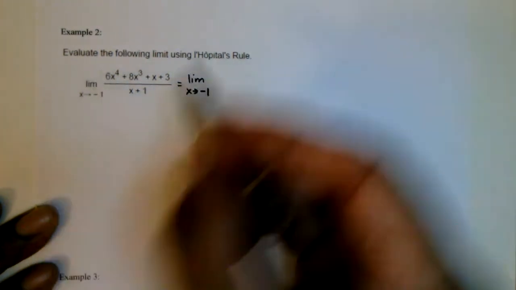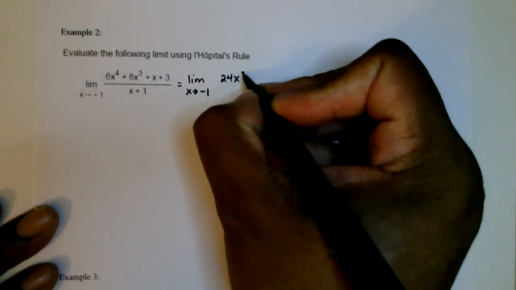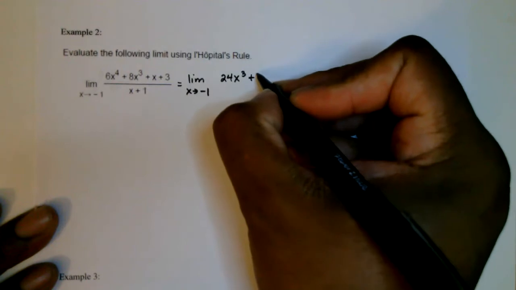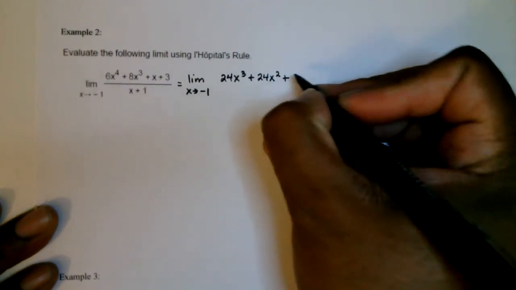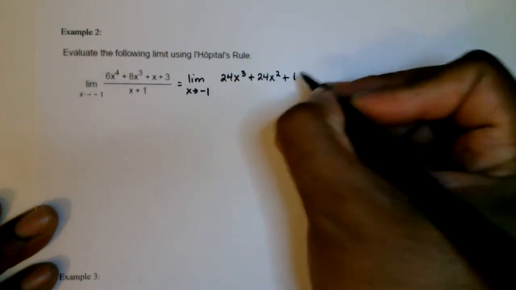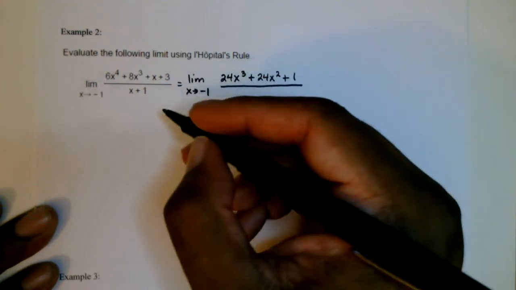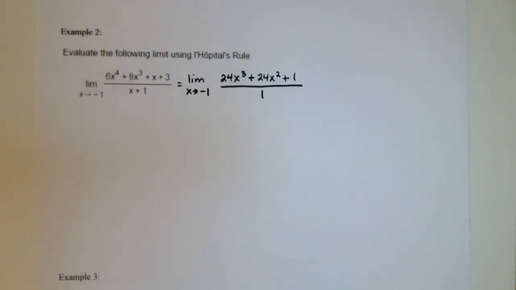Well, the derivative of 6x to the 4th will be 24x cubed plus the derivative of 8x cubed will be 24x squared plus the derivative of x is 1. And of course, the derivative of 3 is 0. Now, my denominator, the derivative of x plus 1 would just simply be 1.